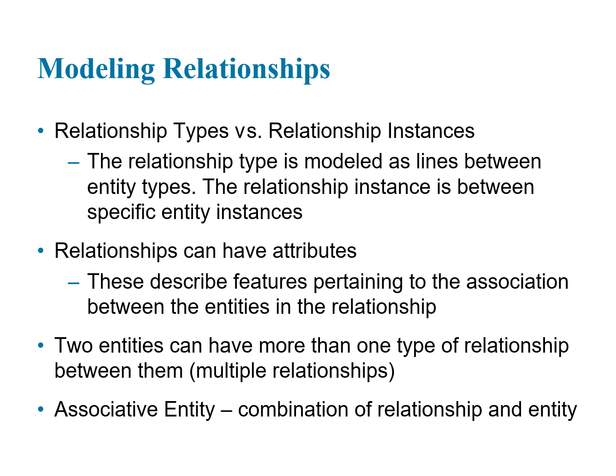These describe features pertaining to the association between the entities in the relationship. Two entities can have more than one type of relationship between them. Multiple relationships, associative entity: a combination of relationship and entity.